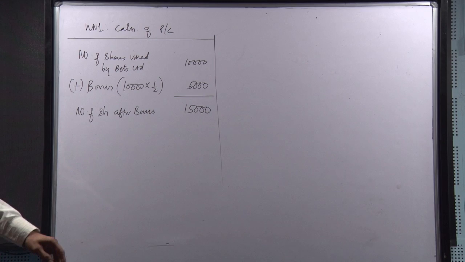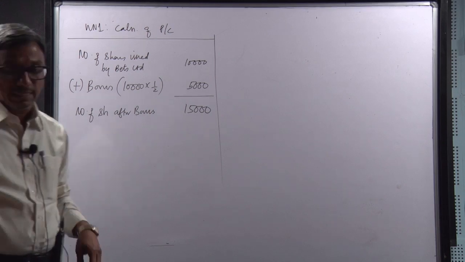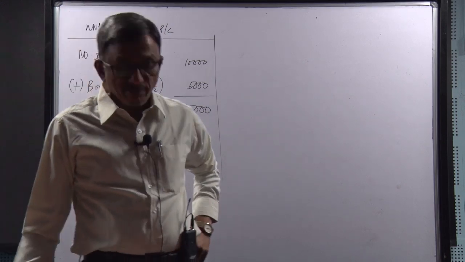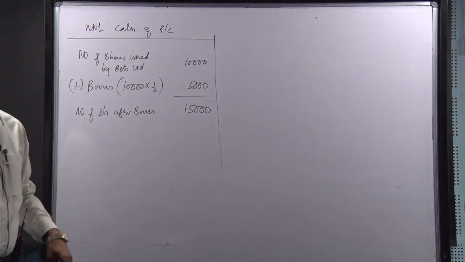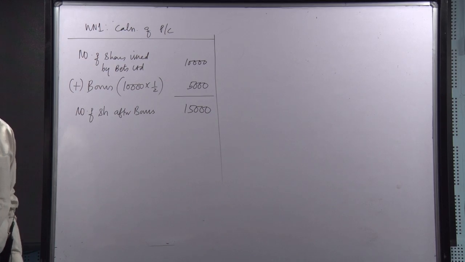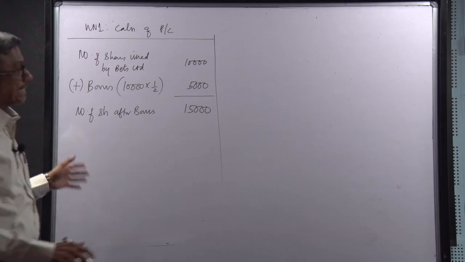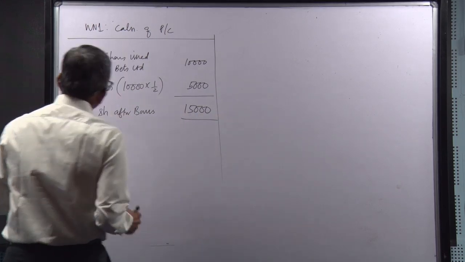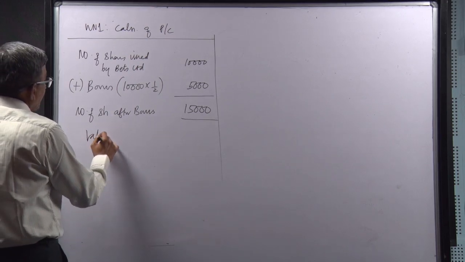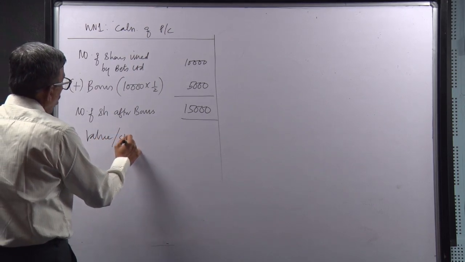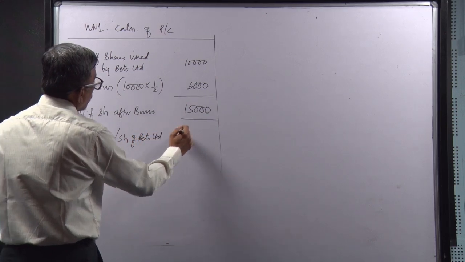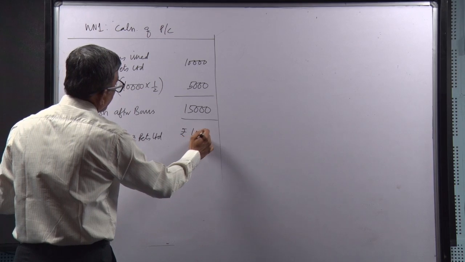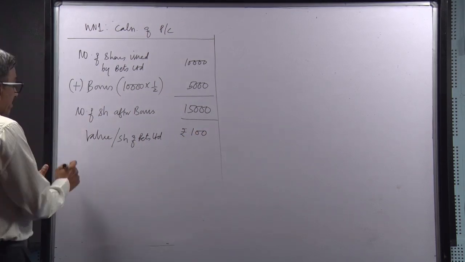Each share of Bets Limited is valued at rupees 100. So if 15,000 shares are there, each share is 100 rupees, you have to pay a consideration of 15 lakhs. Is it not? So value per share of Bets Limited is equal to rupees 100.